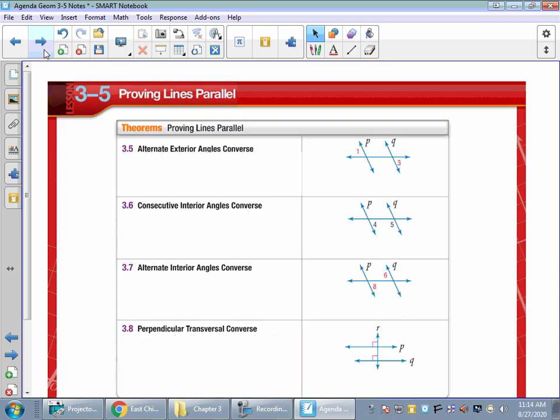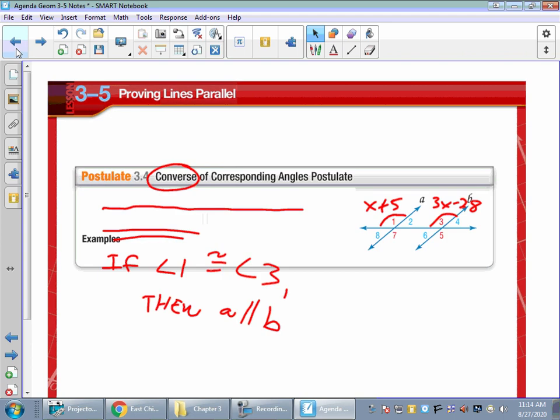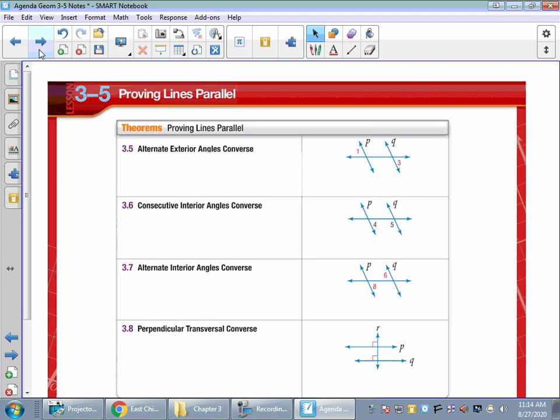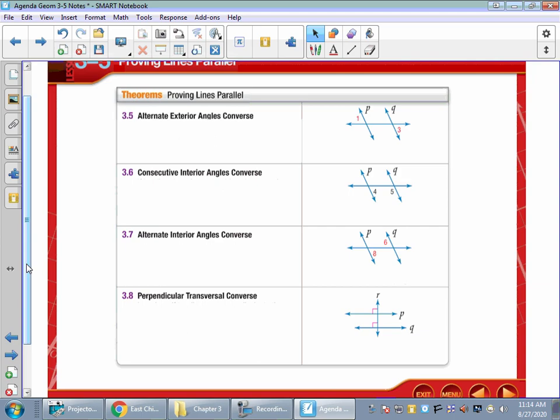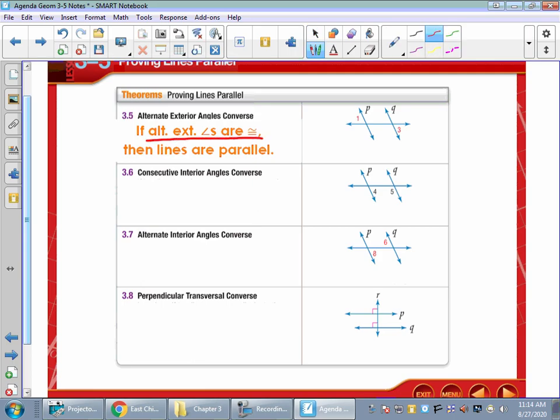Okay, and the next group of theorems are just like the converse corresponding angles theorem, where they're going to be the converse of each angle relationship theorem that we had before. So the first one, the alternate exterior angles converse. If alternate exterior angles are congruent, then the lines are parallel. Once again, in section 3.2, these two lines were flipped. It was if these lines are parallel, then alternate exterior angles are congruent.